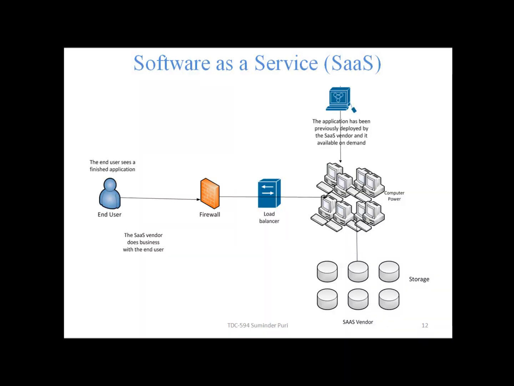Software as a service. This is a diagram that I made according to my understanding of how an end user tries to access the data they want to use. Software as a service features a complete application offered as a service on demand. A single instance of the software runs on the cloud and serves multiple end users or client users, so it's not that only one user uses it.